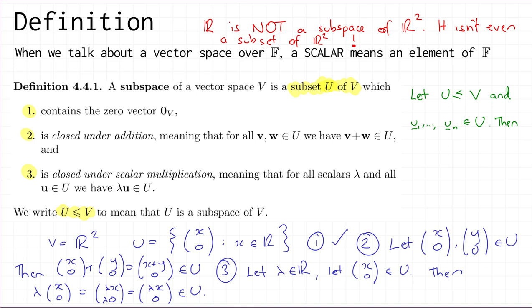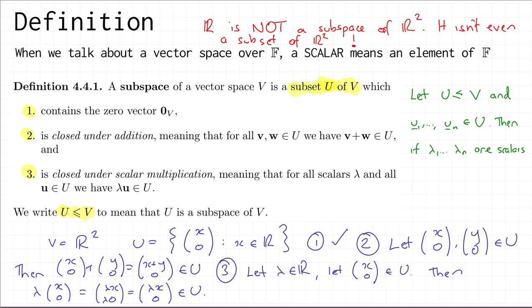Then let's say we've got some scalars as well. So let's say lambda 1 up to lambda n are scalars. Well, we can use these subspace definitions lots of times.